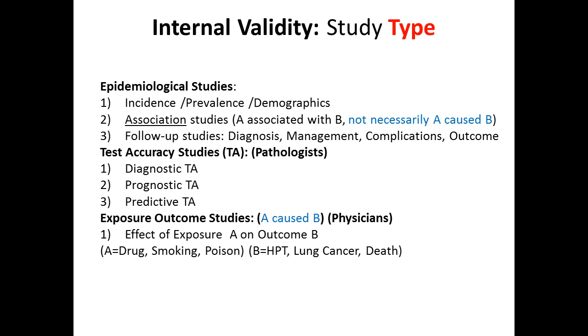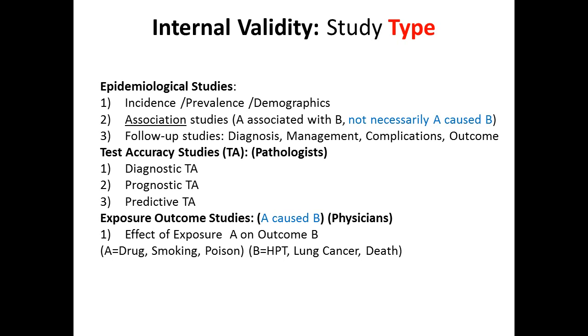Then you come to the exposure outcome type of studies, where you are trying to say A caused B, and these are the kind of studies that physicians usually do, and physicians need to understand, right? So basically what you're trying to determine is the effect of exposure A on outcome B.